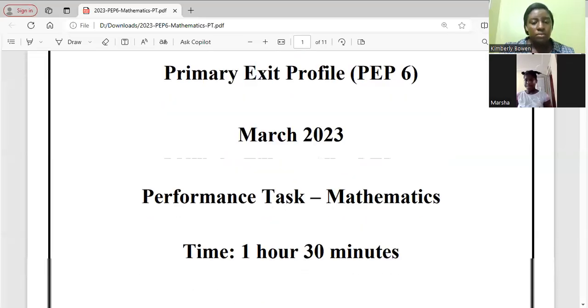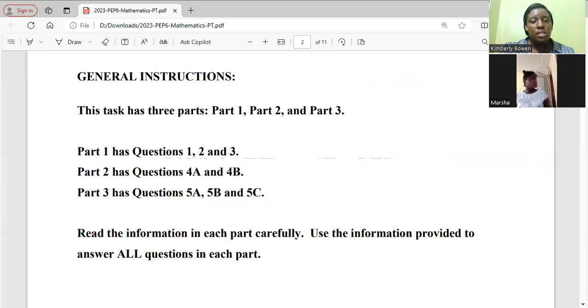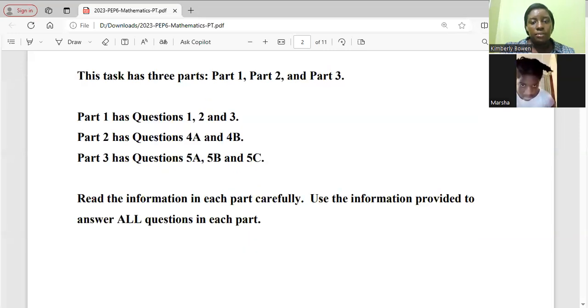All right, so let's get into the paper. So we have the general instructions here.